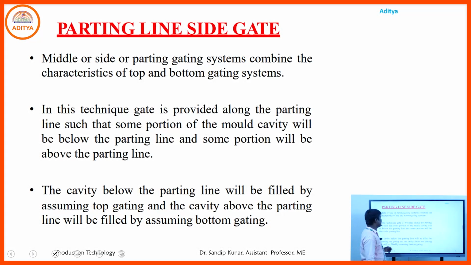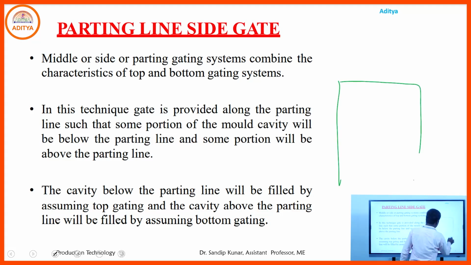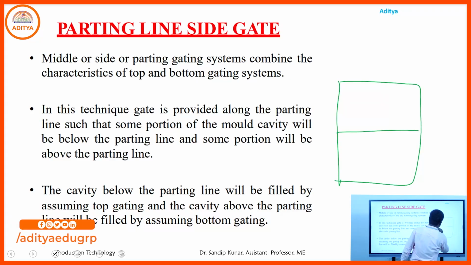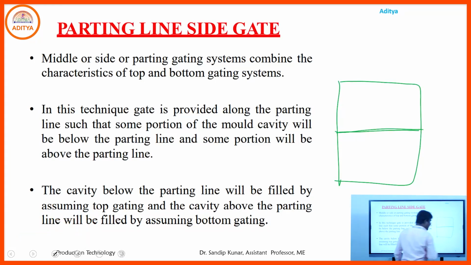Parting line gate. So in that case, some portion, means the middle portion, if we are taking the molding box, the middle portion is the parting line. Sometimes some portion of the gates will be above the parting line, and some portion of the gates will be below the parting line. Okay, so the gates will vary across the parting line.